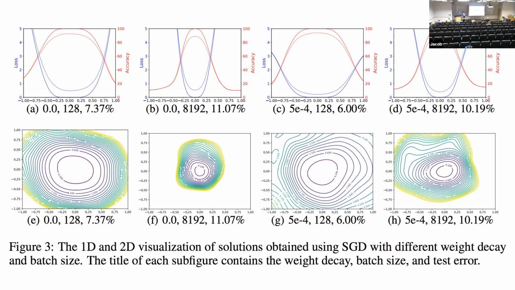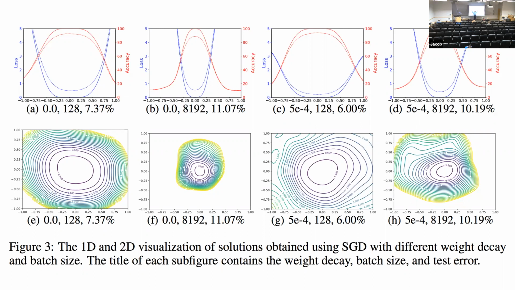So what do you notice now about the correlation of flatness of minimizers with test error rates? Let's first look at this top row. These are 1D loss landscape visualizations. Which look like our flattest minima out of A through D?